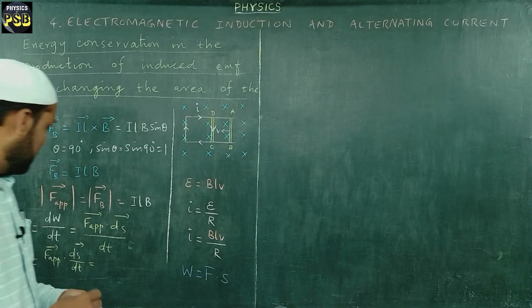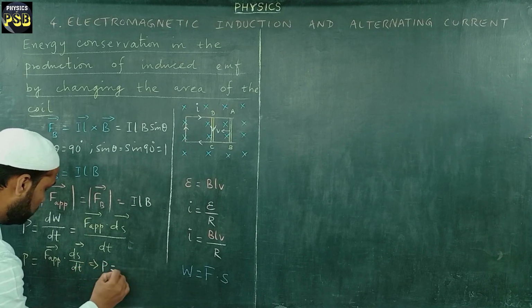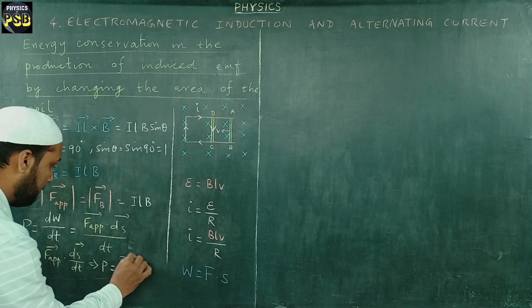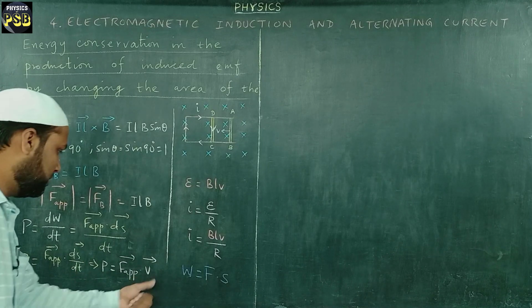We know rate of change of displacement is nothing but velocity. So this expression can be written as P equals applied force multiplied with velocity.